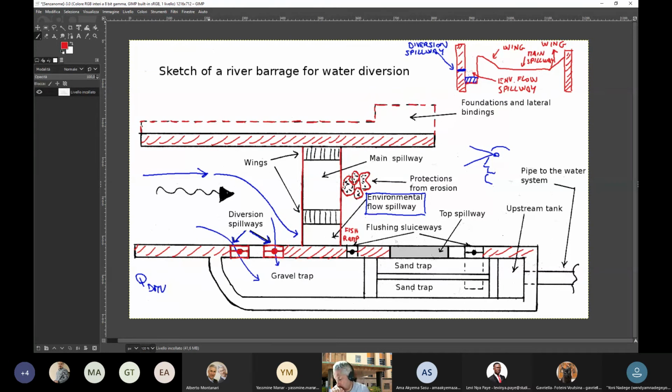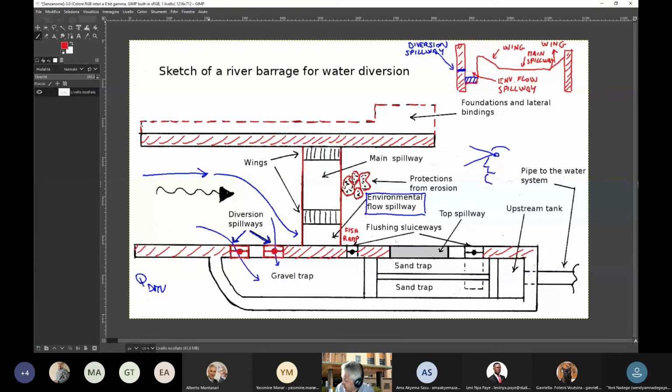Sorry, I forgot to say one important thing. We designed the difference in elevation between the spillways, perfect. But what is the absolute elevation of the spillways? So what is the elevation of the lower one?